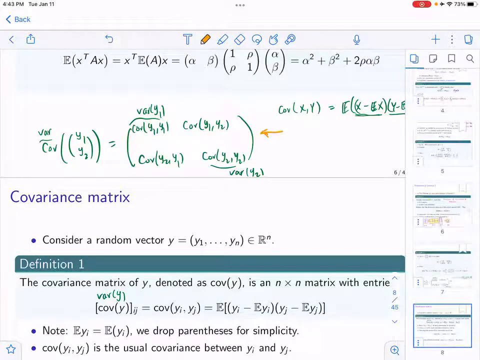If I know the distribution of y1, I can compute the variance. If I know the distribution of y2, I can compute the variance of y2. But how do I compute, for example, something like this? How do you compute the covariance of y1 and y2?